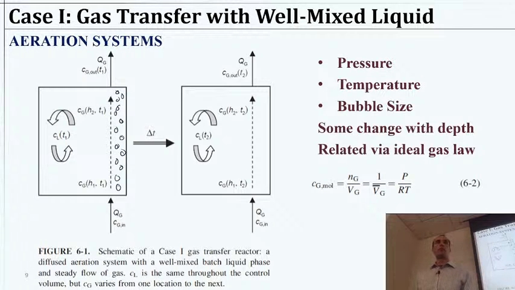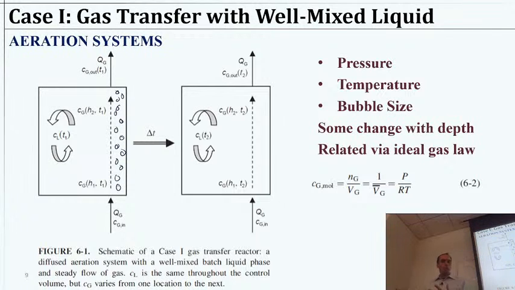So that's a possible difference there. Usually we'll probably just keep things the same. Bubble sizes can potentially change, especially if you go deep. Then your bubbles will have some gas, but it'll be compressed by the pressure, right? So that can be a factor.